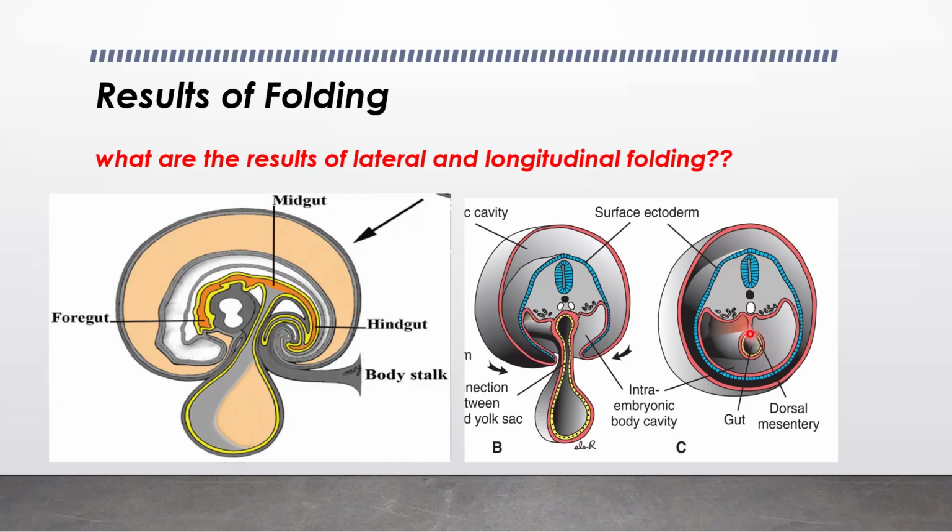Yeah, and then also remember we have the cells of the yolk sac. The cells of the yolk sac will help in formation of primordial germ cells. They migrate into the developing intermediate mesoderm around this region, by virtue of the dorsal mesentery.